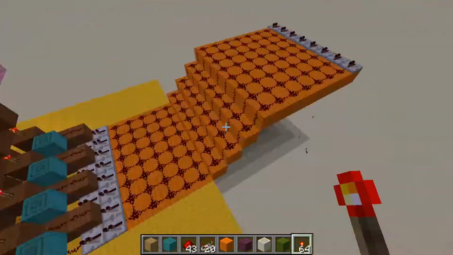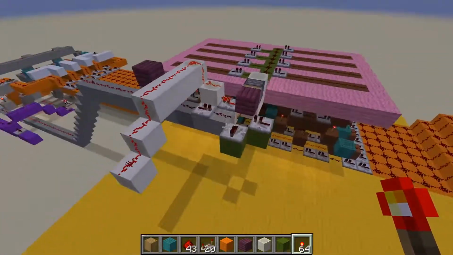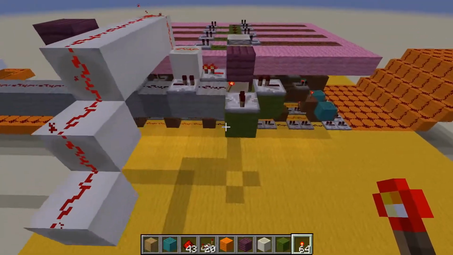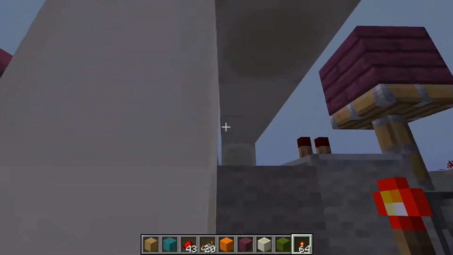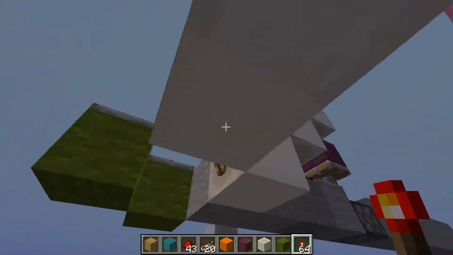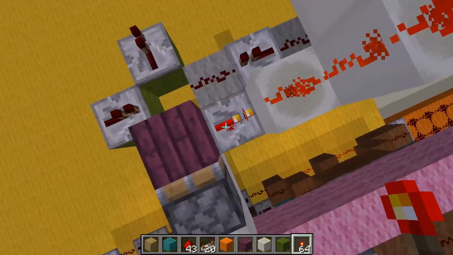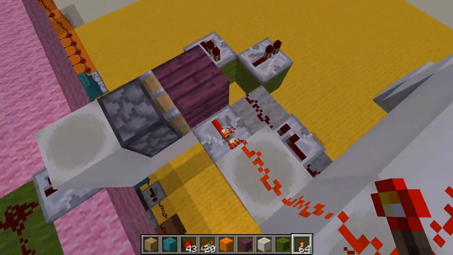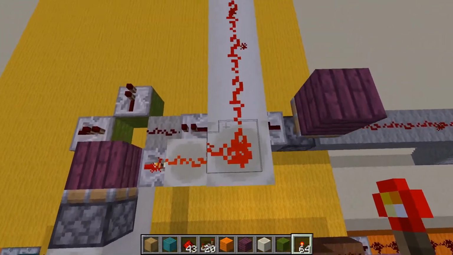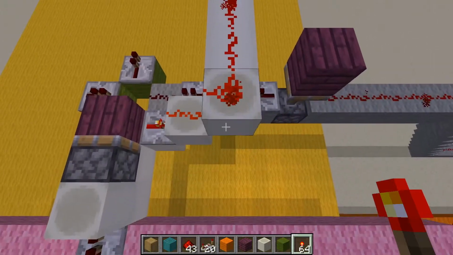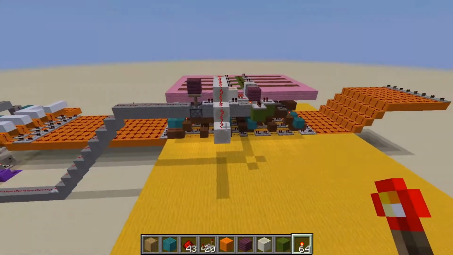So I've installed the address bus, and I've installed the reader, the detection if the addresses are matching with the signal transmission. It is done with a little torch beneath that hard powers this block. That signal can be extracted here. We need this repeater so that it doesn't interfere with this one. Then it gets led to here where it will be used for the readout of the value.